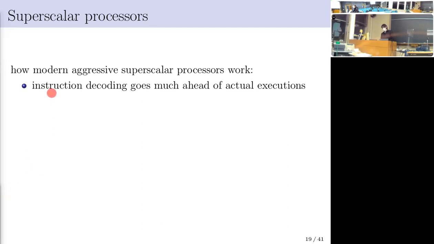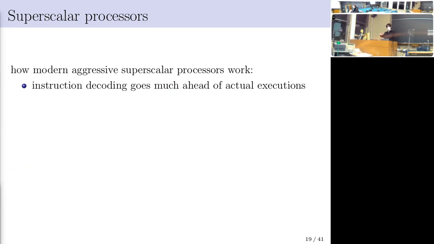So one thing is that instruction decoding, so fetching instructions from a thread, goes much ahead of the actual execution of instructions. So each thread gives a sequence of instructions to the processor, right?